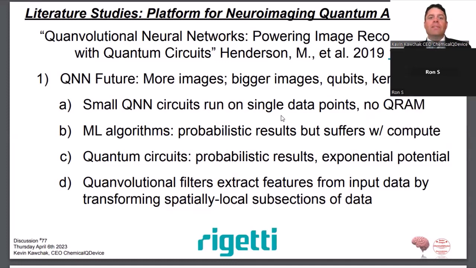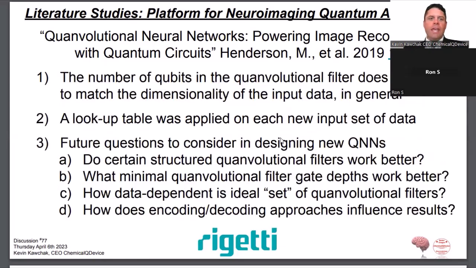So everybody wants these awesome quantum computers to pop up. These extract features from input data by transforming spatially local subsections of data. The number of qubits in the convolutional filter does not need to match the dimensionality of the input data in general.